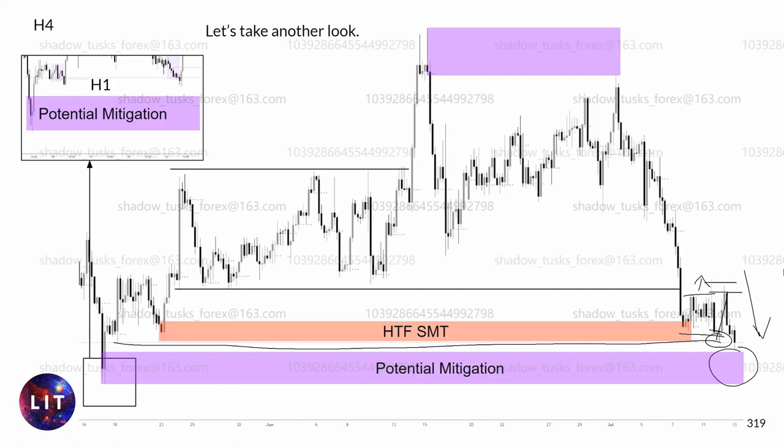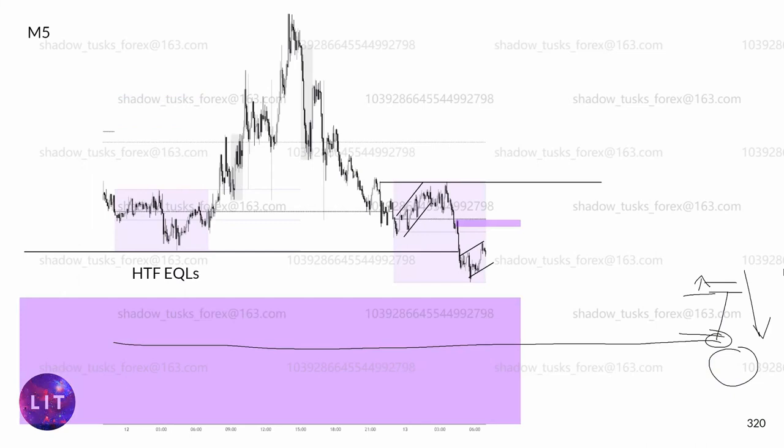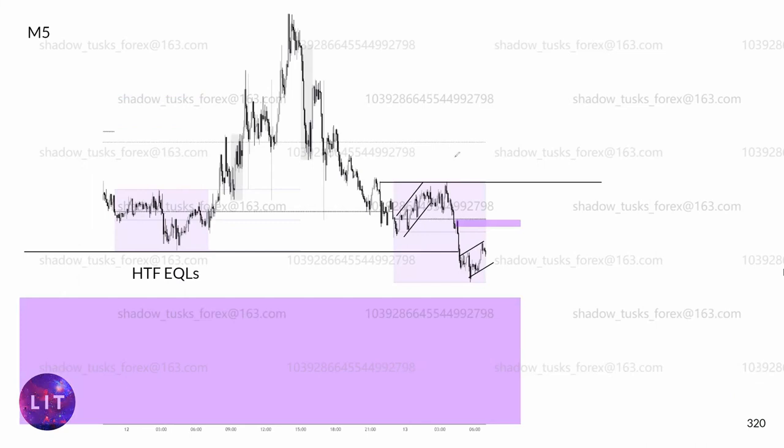So let's jump down to the lower time frame and let's think, what could we expect in this case? Overall, we know that at the moment, we have a potential mitigation lower, a liquidity build up here, and we have this potential POI.